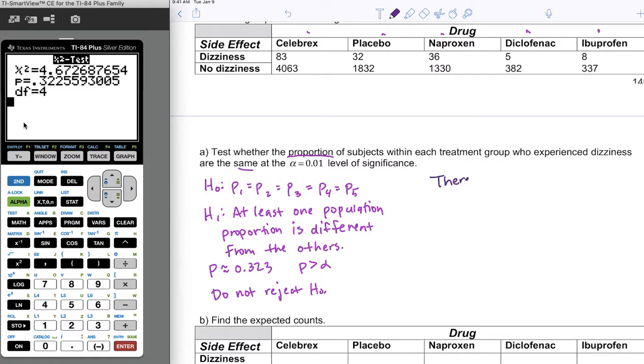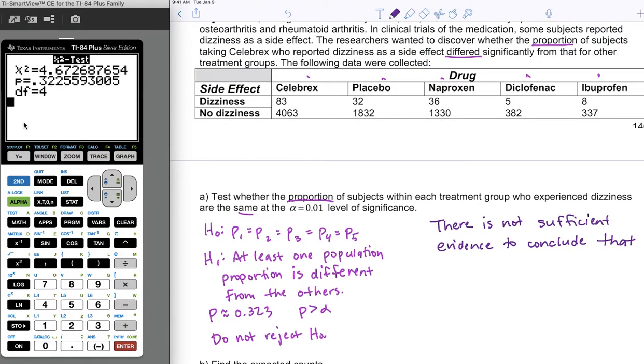Okay, so we will say there is not sufficient evidence. And here's our conclusion. There is not sufficient evidence to conclude that. Now we could state this a couple different ways. We could say at least one population proportion is different from the others. We could say something like proportion of subjects differed significantly.